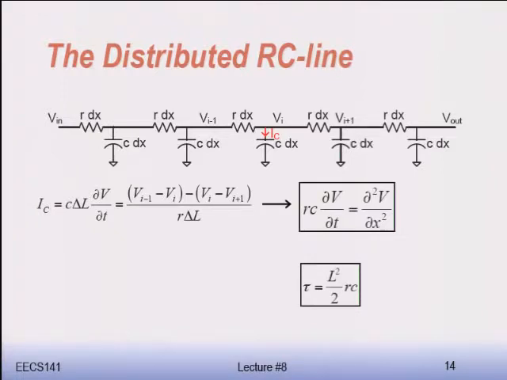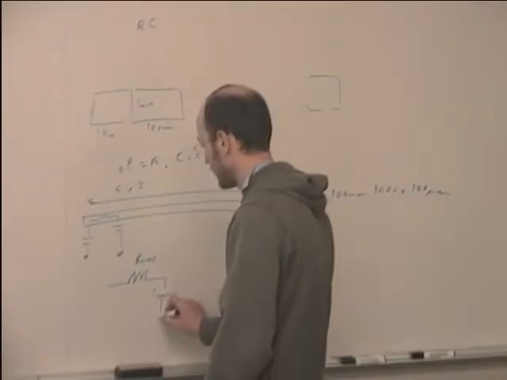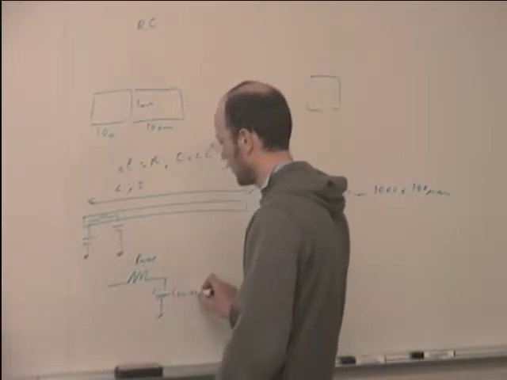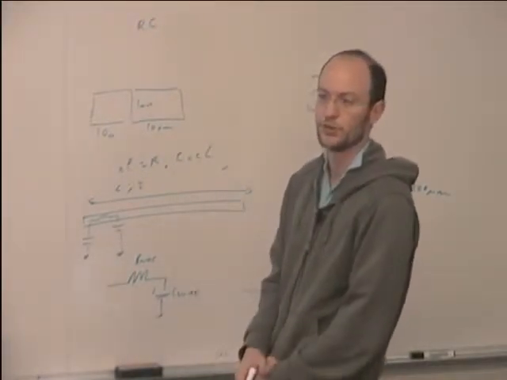And you get this delay, tau. Tau is L squared over 2 RC. So it turns out that if you solve this differential equation, the delay of the wire is not R times C. If you take all the resistance of the wire and you draw it like this as R wire, then you take all the capacitance of the wire and you put it here, C wire, this will be a reasonable model of the wire.